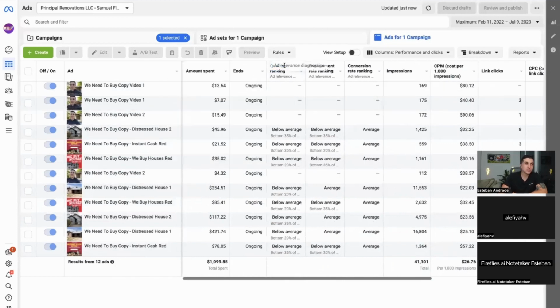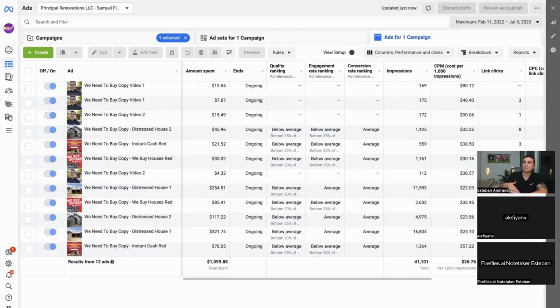This one right here is a column that doesn't necessarily tell you a lot. However, it is definitely important to understand it, because quality ranking at the end of the day is, imagine that your ad is a school project, work project, whatever it is, right?